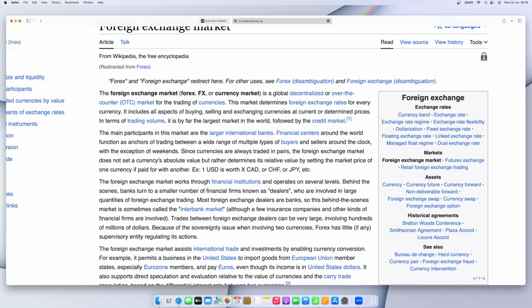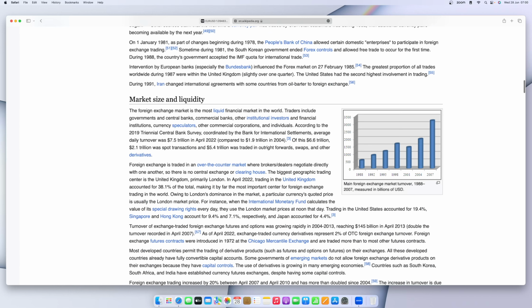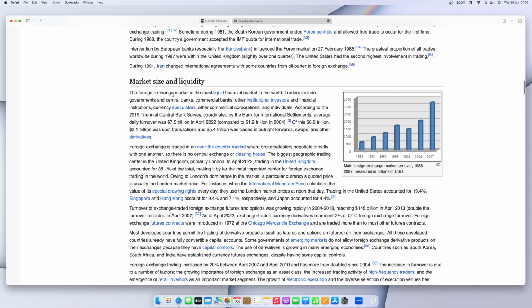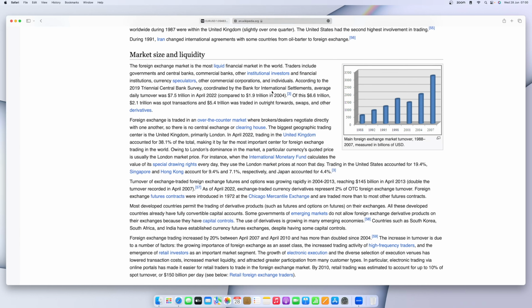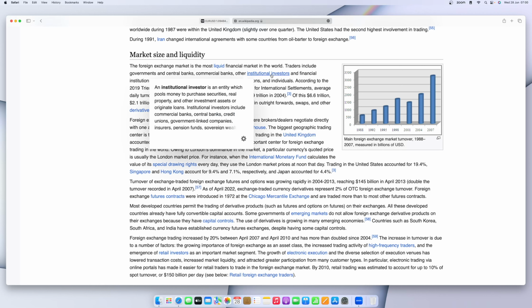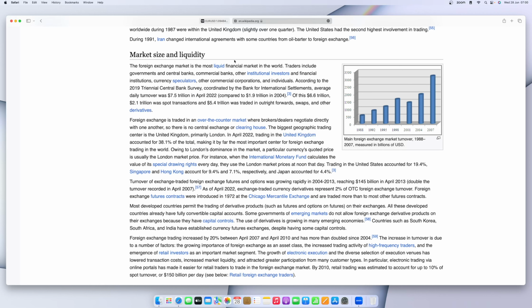And then under this area where it says market size and liquidity, it says the foreign exchange market is the most liquid financial market in the world, right? And then it goes on to say traders include government and central banks, commercial banks, and other institutional investors and financial institutions, currency speculators, other commercial corporations, and individuals.